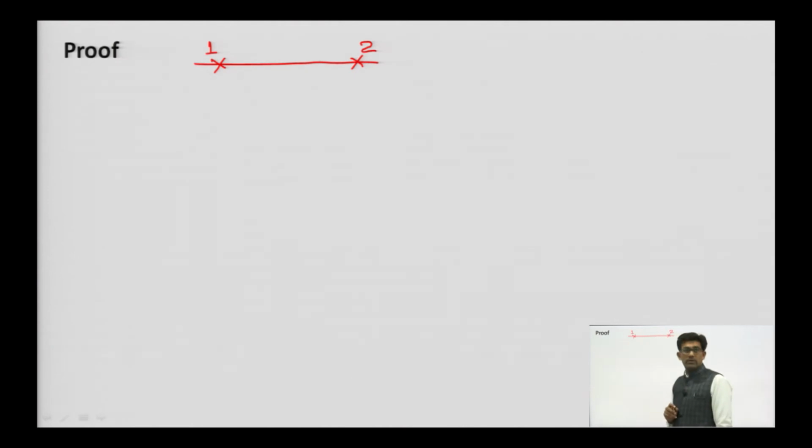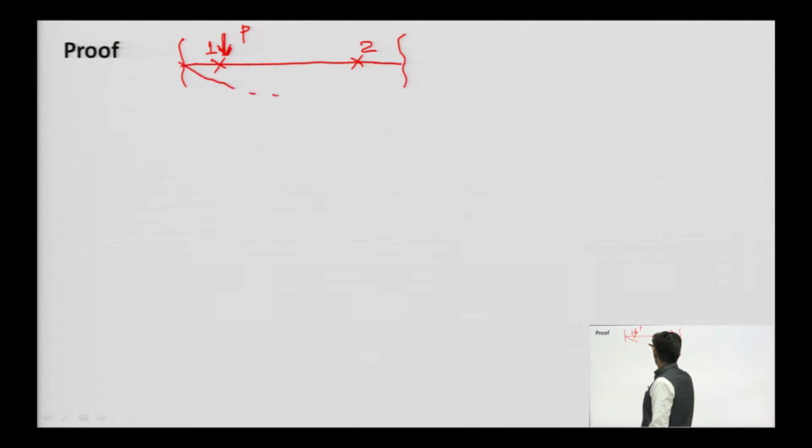Apply force at joint 1, say P. This is part of the structure. Say here the displacement is del 1 and here the displacement is del 2.